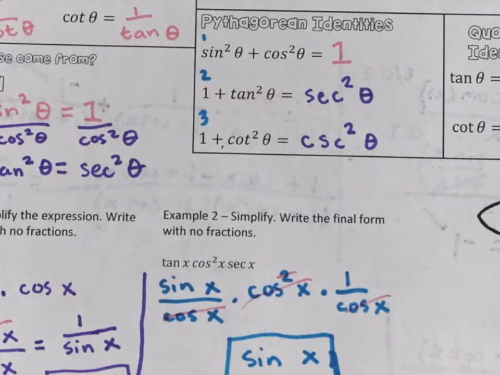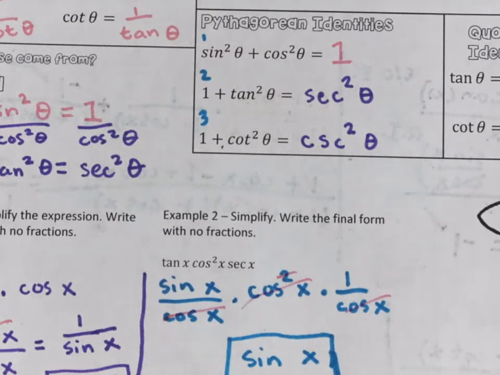I could also go the other way, just for kicks. If I wanted to solve this for cosine, I would subtract sine squared, and then I can say this equals cosine squared. So like I say, you can change these equations around. Just make sure you get a true statement.